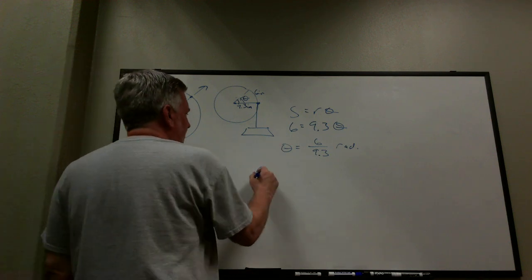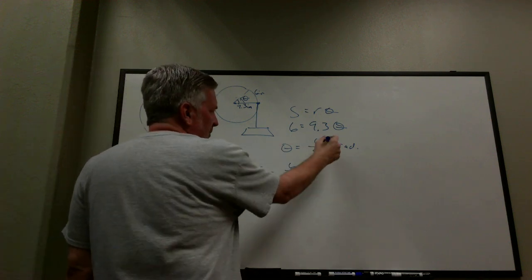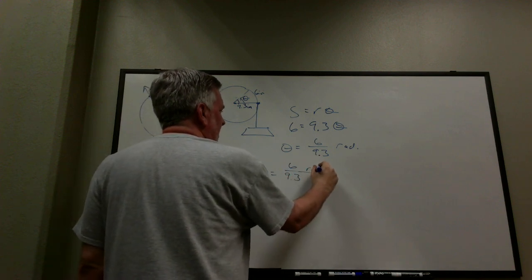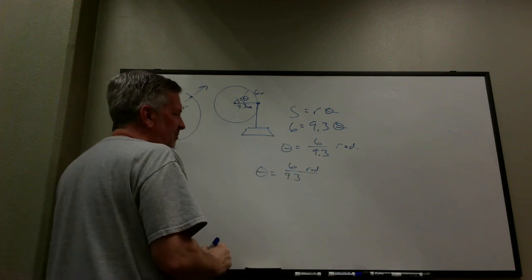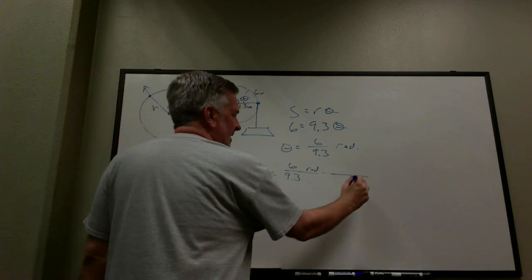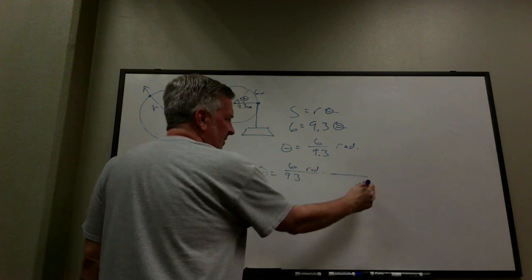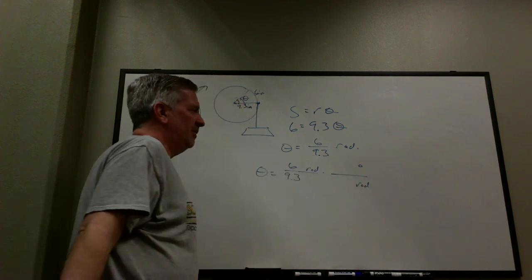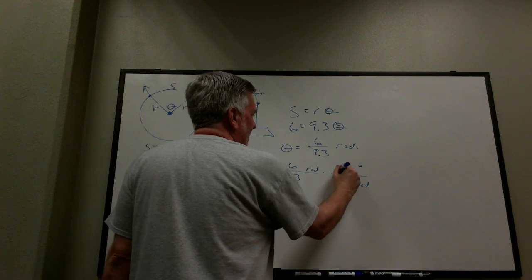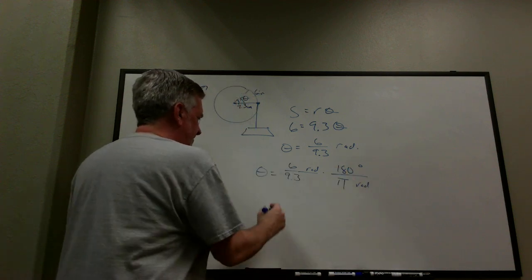All right, so I need to convert this. If you want to punch it in as a decimal, you could, but I didn't bother because I knew I was going to have to convert. Right, so I have 6 over 9.3 radians. I need to convert to decimal degrees. I need to get rid of the radians, so radians in the denominator, and degrees in the numerator. Pi radians is 180 degrees.